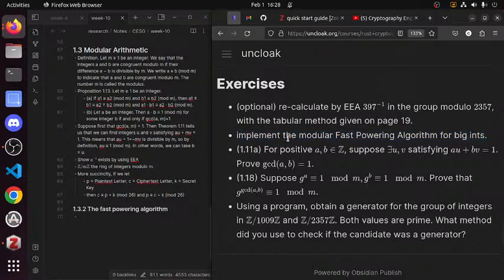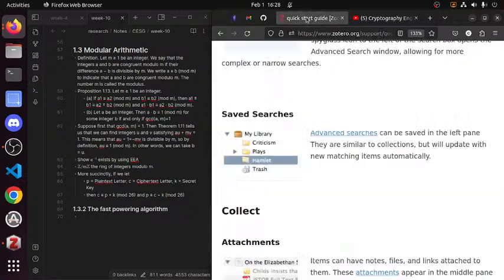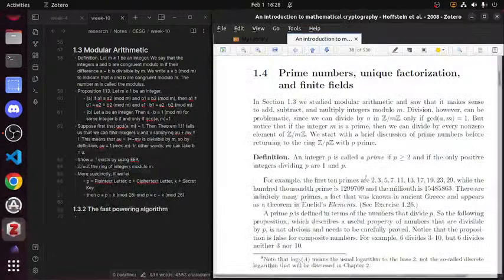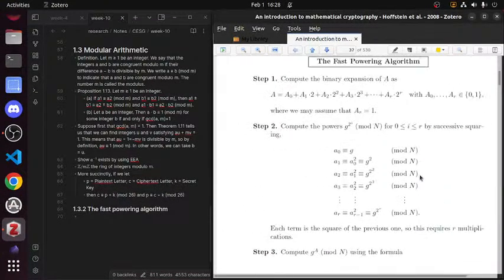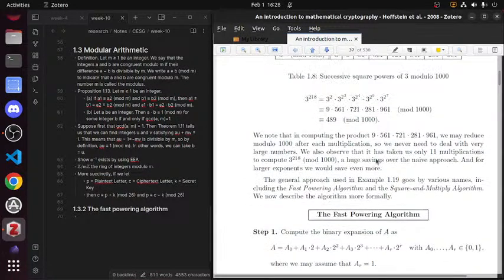Try and figure out how to, and let's open it exactly. Because for fast powering, my difficulty is always like, what are you supposed to be getting?